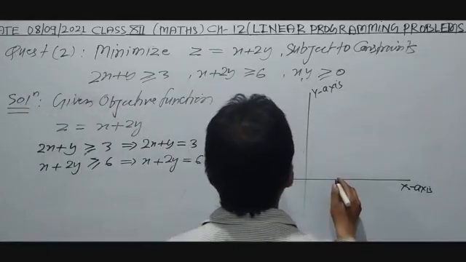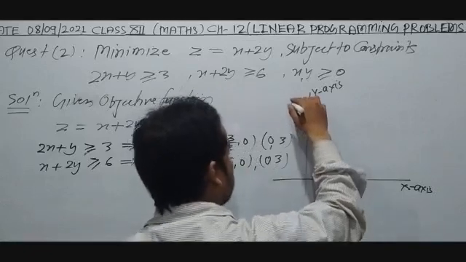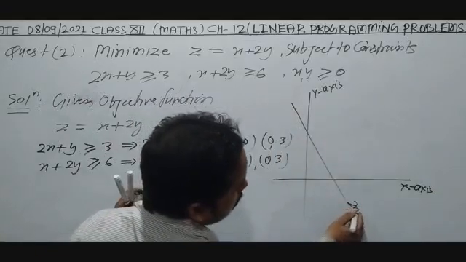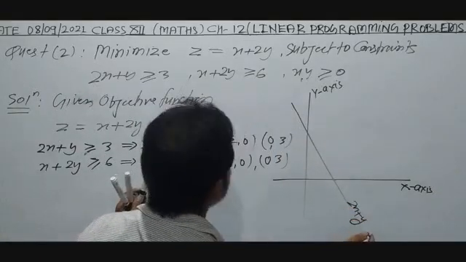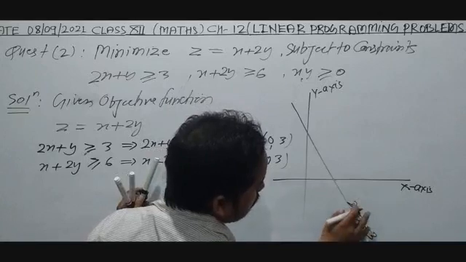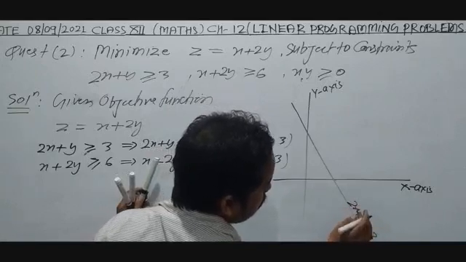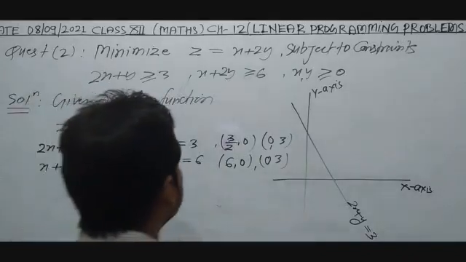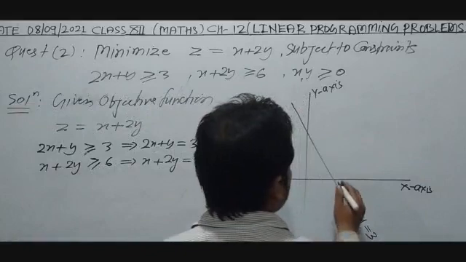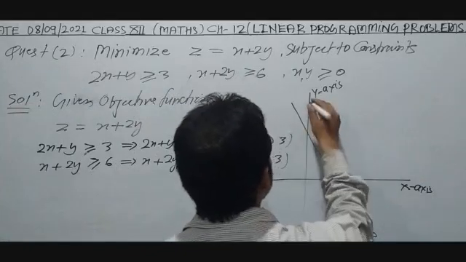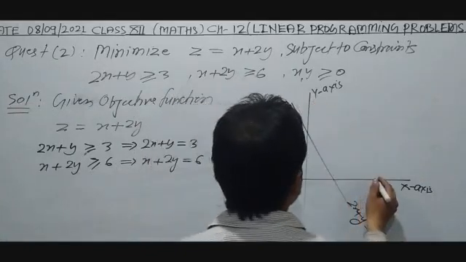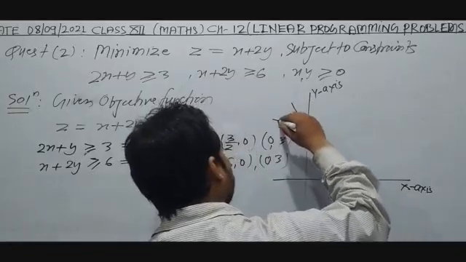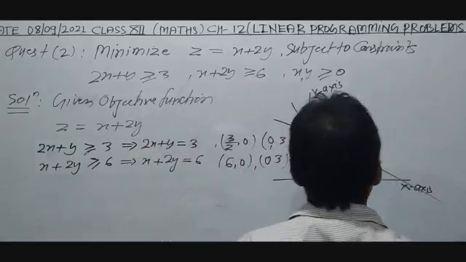So 1.5, 0 and 0, 3, this will be the line 2x plus y is equal to 3, and x plus 2y is equal to 6. This is the point 1.5, this is 3 and this is 6, 0. So 6, 0 and 0, 3 is here. This will be the line.